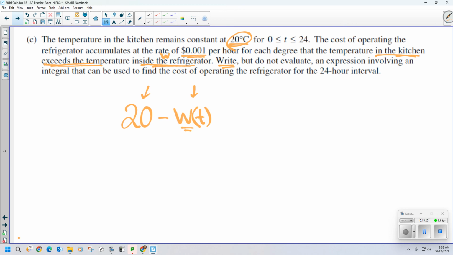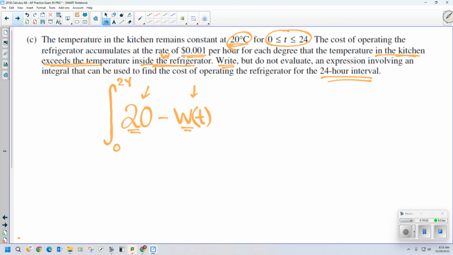So anytime we have this situation where 20 is the bigger, I want to add all those times up. I want to add up all those hours from 0 to 24. How come? Because in that 24-hour interval, that will give me all the total hours.